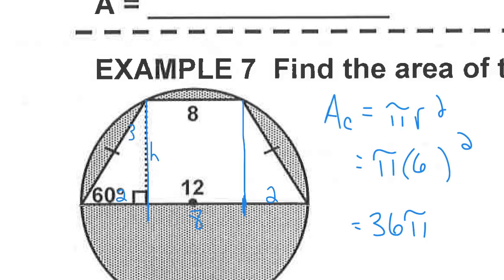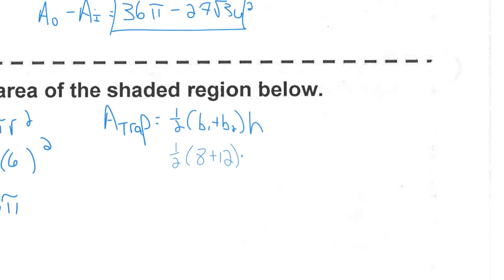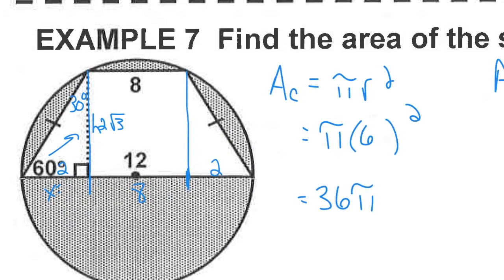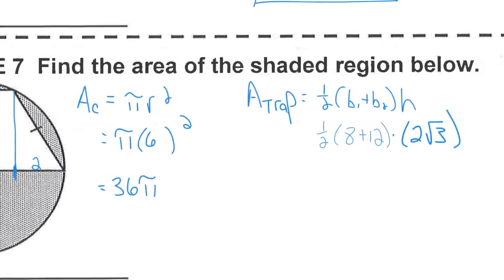That is across from my 30-degree angle here. So that means that is x. And if x is 2, then x square roots of 3 must be 2 square roots of 3. So h is 2 square roots of 3. Now again, that's kind of tricky to find that height, but if you're having trouble with the special rights, we need to get together and figure that out.